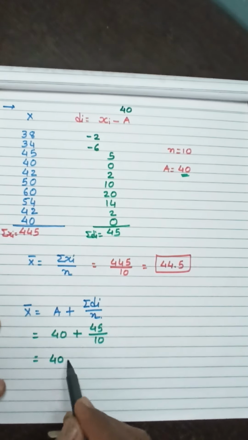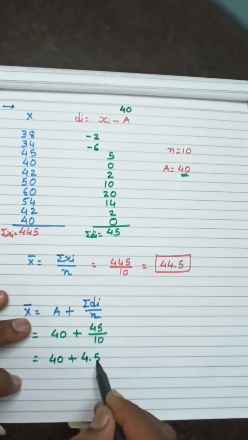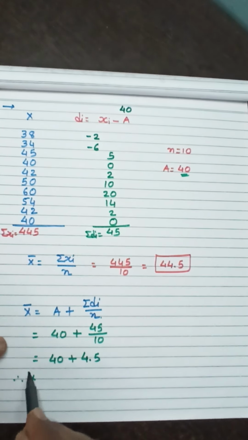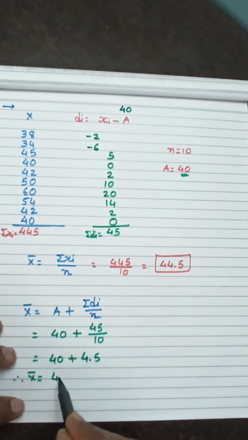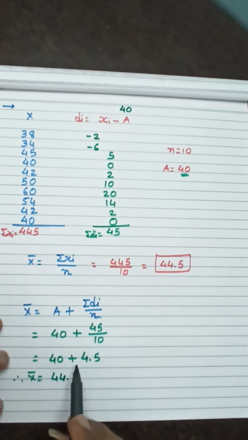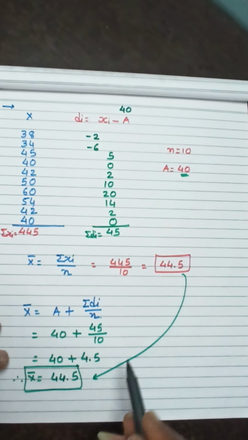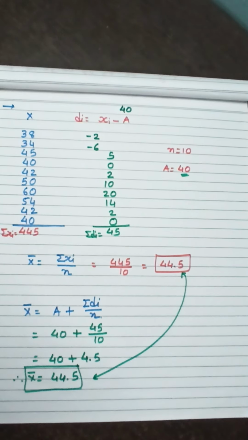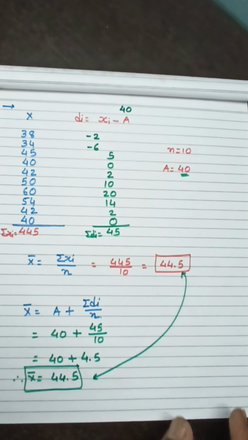So 40 plus 45 divided by 10, it will be 4.5, and therefore mean is equal to 40 plus 4.5, 44.5. And once again, by both the methods, the answer will remain same. Done? Okay.